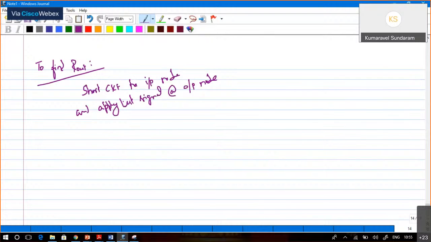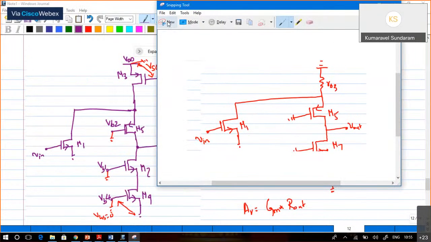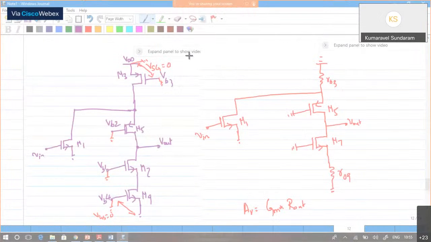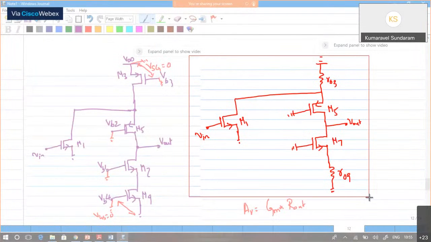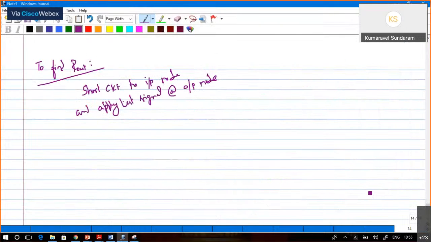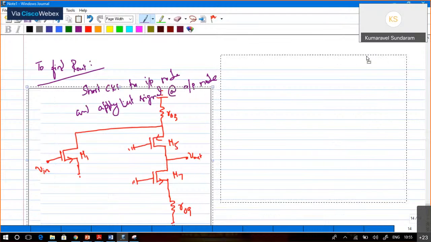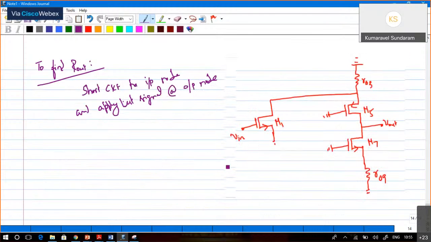So if you see this one, we need to short circuit the input node and apply test signal.